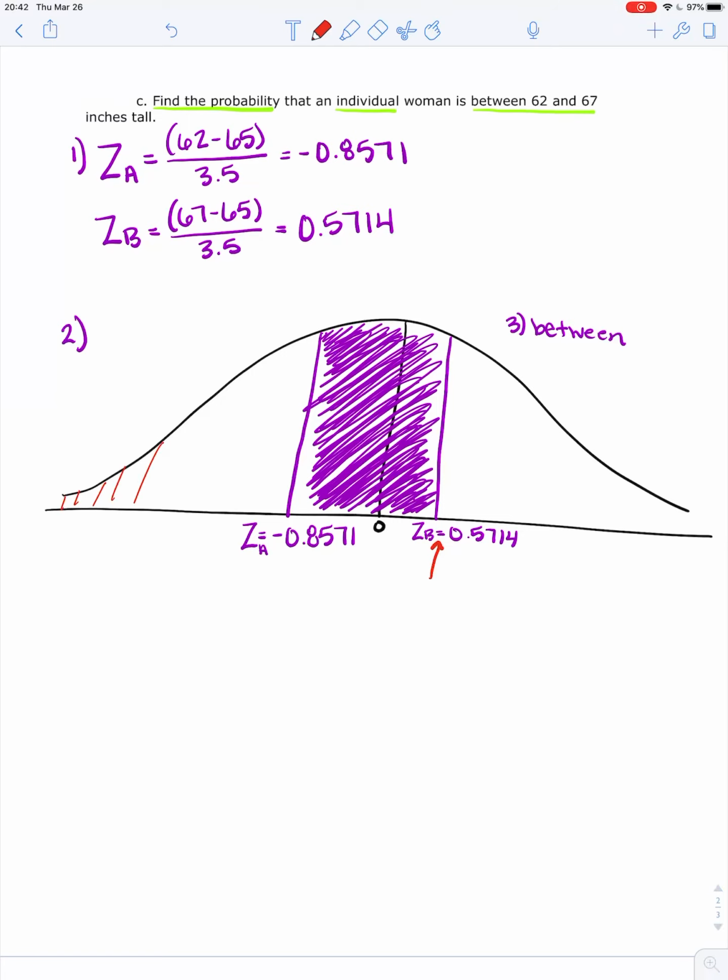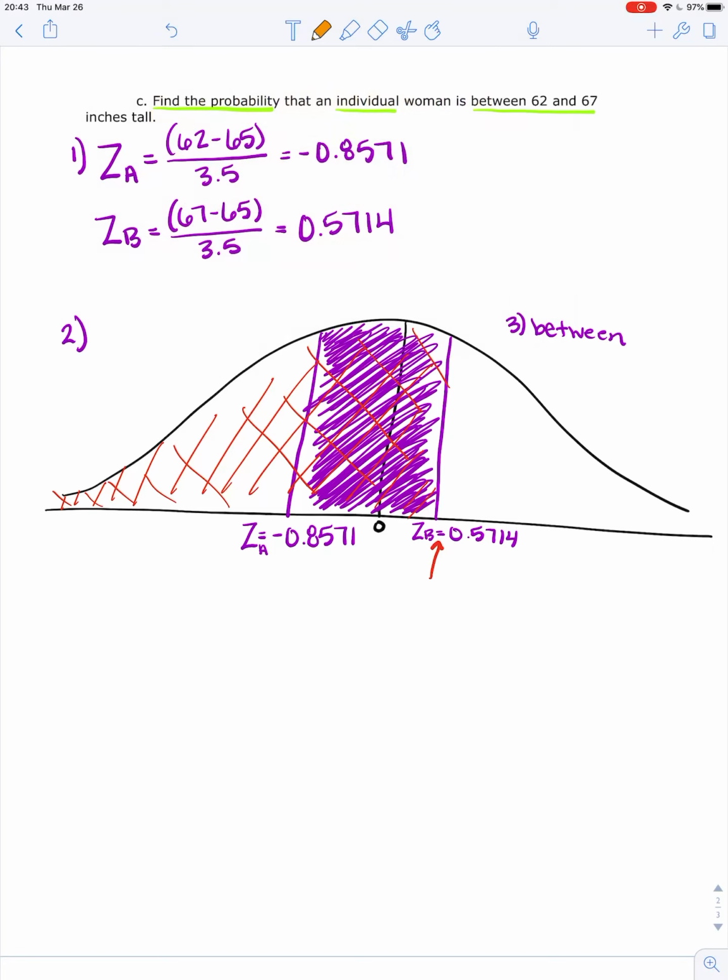It's going to give me all of this. Everything that I just crisscrossed in red is what I'm going to get when I plug in ZB to Excel. So there's too much information there from what I want. I just want from ZB down to this ZA.